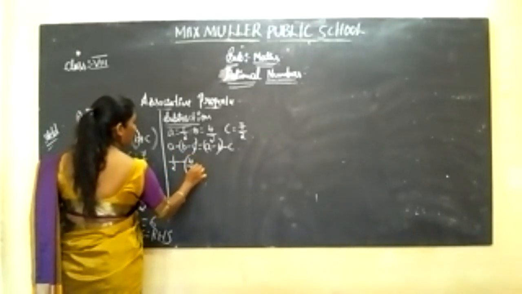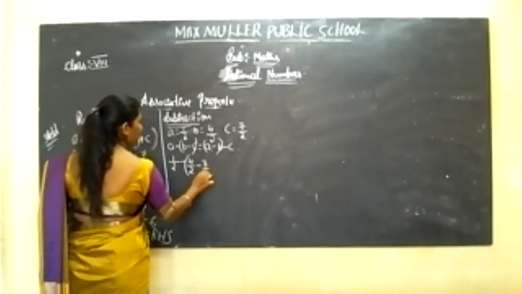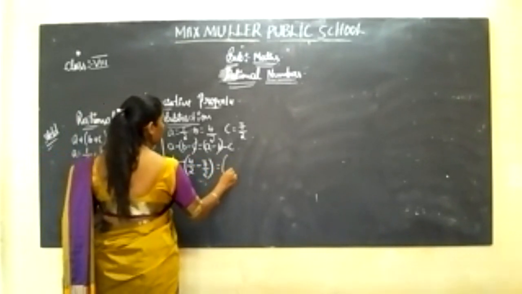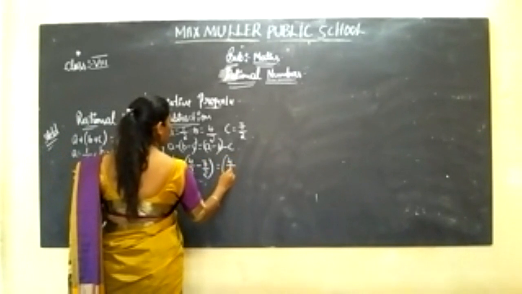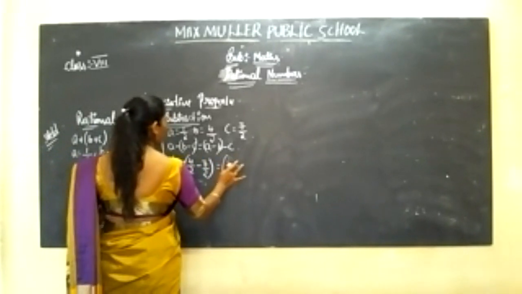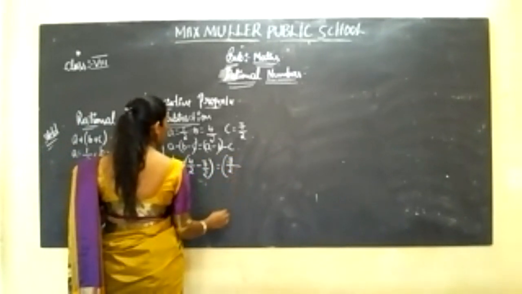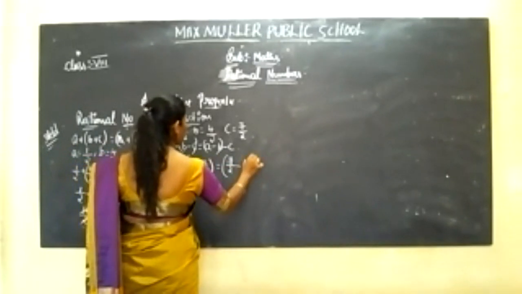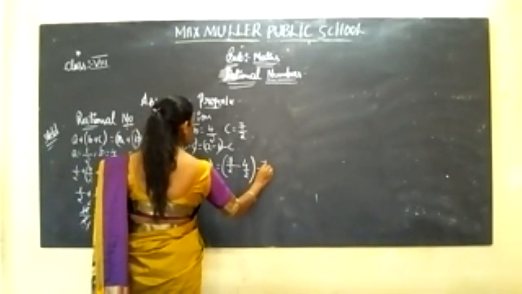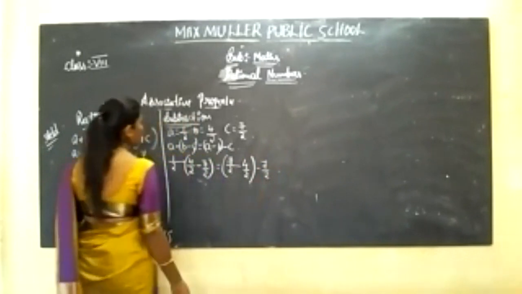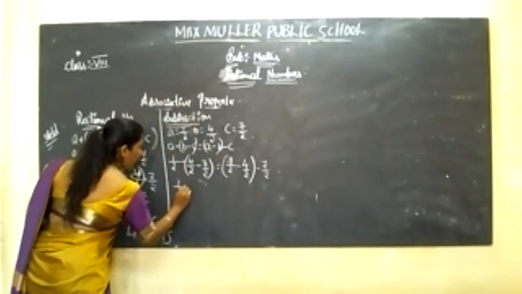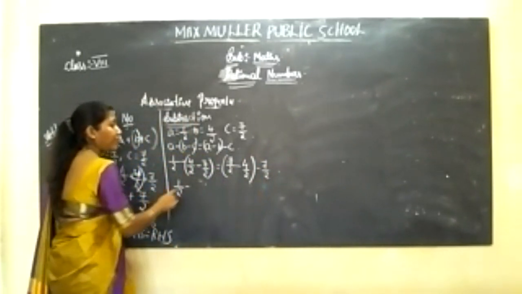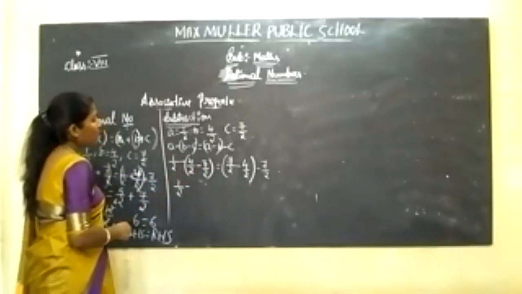Next step, what you have to do, substitute the values for a, b, c. 1 by 2 minus 4 by 2 minus 7 by 2. So now, as usual, you have to solve 7 minus 4.